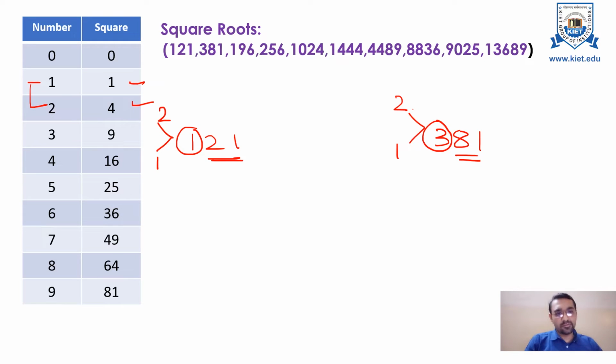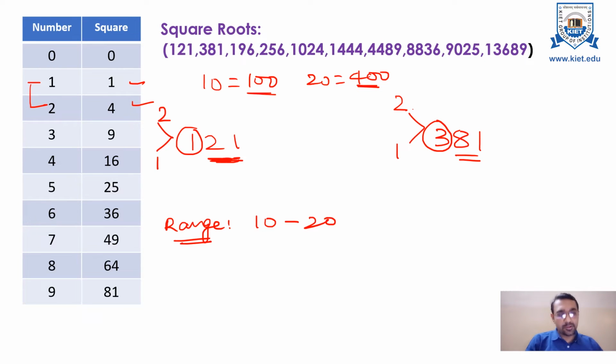So the square of 10 is 100 and the square of 20 is 400. If you observe carefully, you will find that 121 lies between 100 and 400. Similarly 381 lies between 100 and 400. So I can say the range of the square roots of the numbers is 10 to 20. So the square root will definitely lie between 10 and 20.